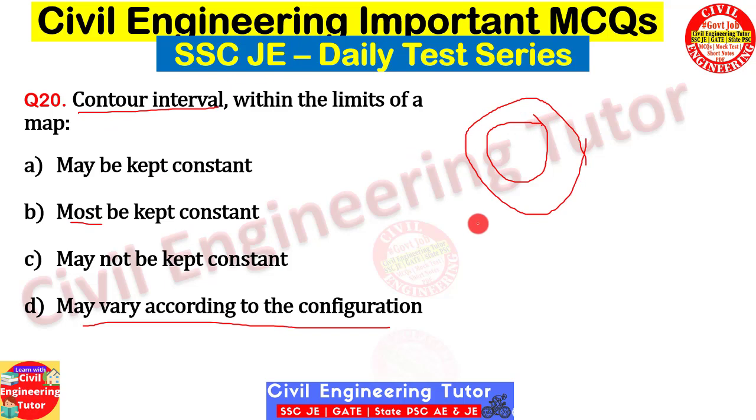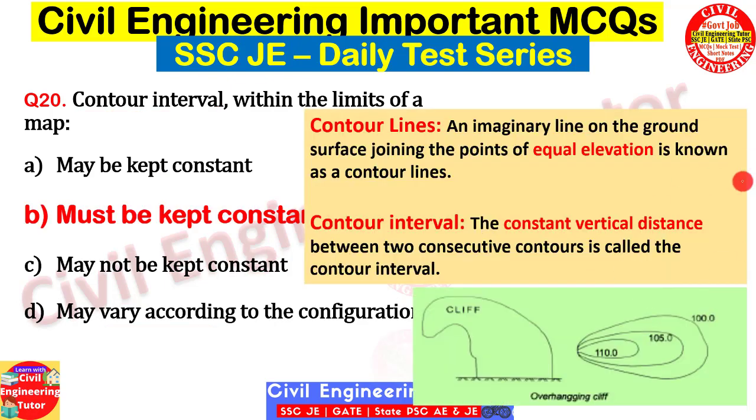The definition of contour lines is that these are lines joining points of equal elevation, and contour interval is the constant vertical distance between two consecutive contours. Okay, that is contour interval. So from the definition we can see that this should be constant.